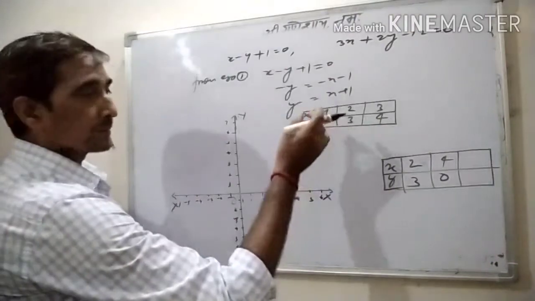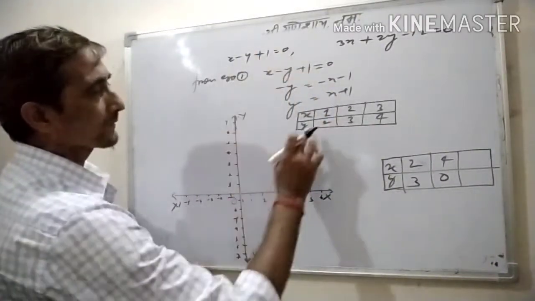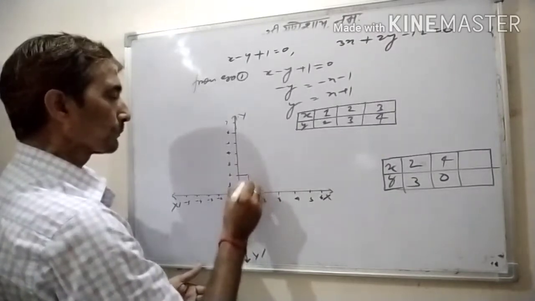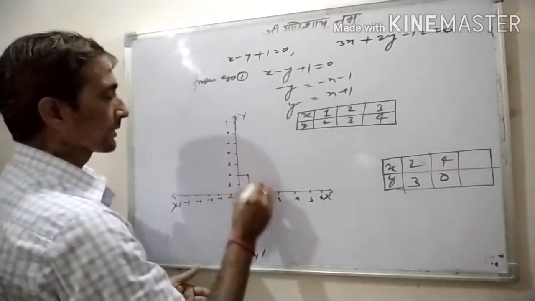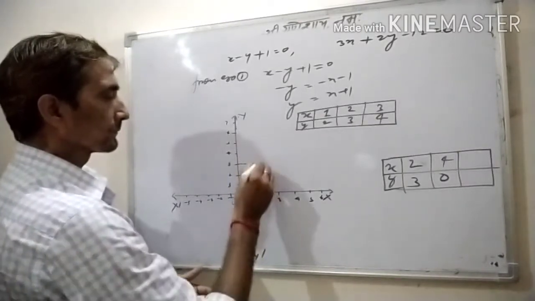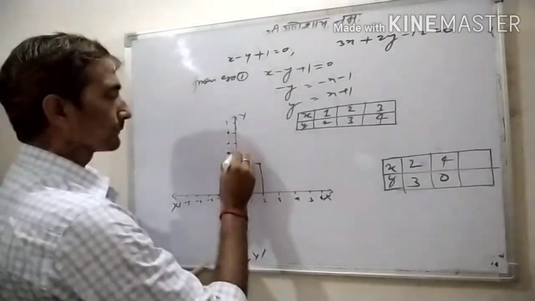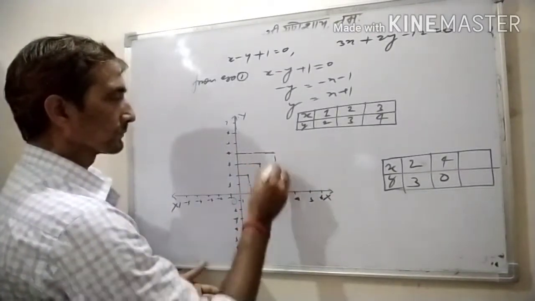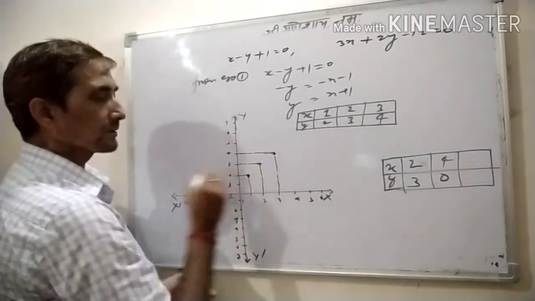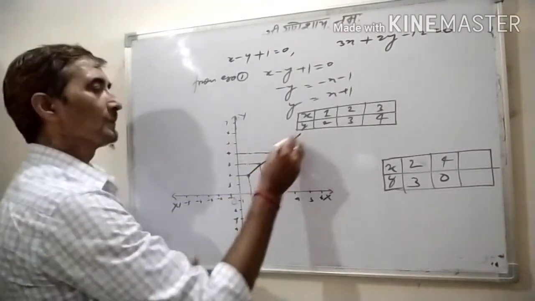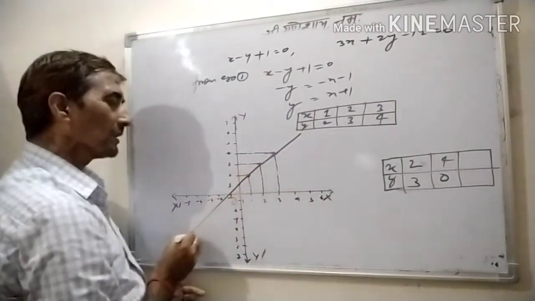For the first equation, plot the points 1, 2; 2, 3; and 3, 4. Plot these 3 points and join them, and you will get a straight line.